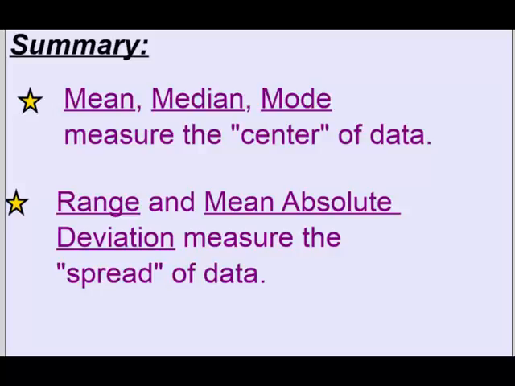And range and mean absolute deviation, which I have given you permission to abbreviate as MAD, measure the spread of the data. That is how much the data is spread out, because some data is really spread out and some data is just a tight bunch of numbers kind of together.